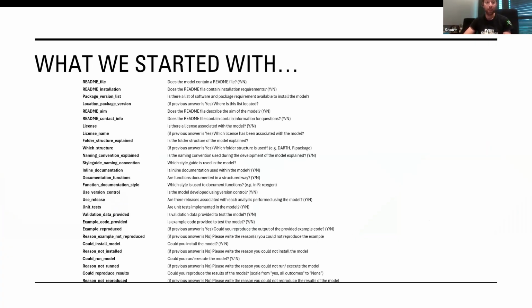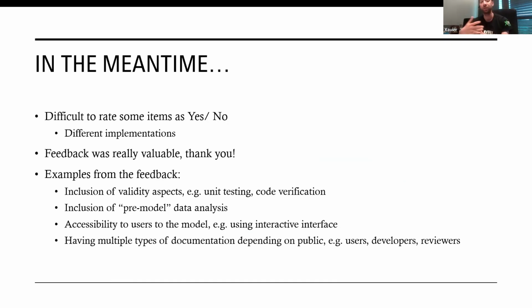So what we started with is a bunch of items ranging from having a README file until having a unit test to test the model, etc. And that was quite broad. And we actually wanted a bit to be more focused and focused on some issues, but actually not going down the road of validation and verification of health economic models, because there are already tools to actually help you out with these endeavors.